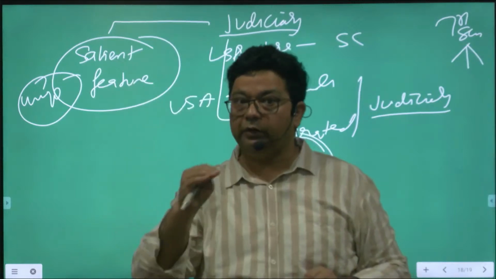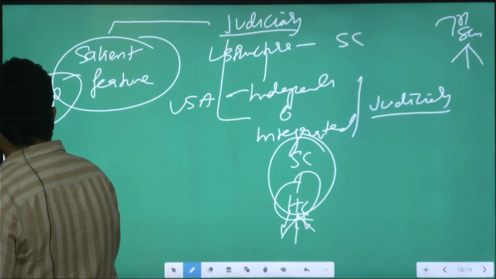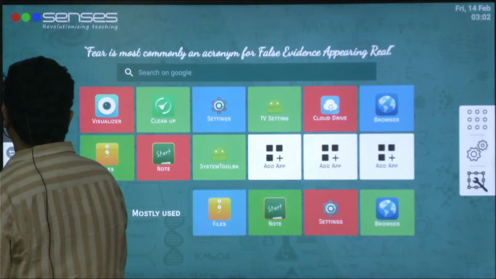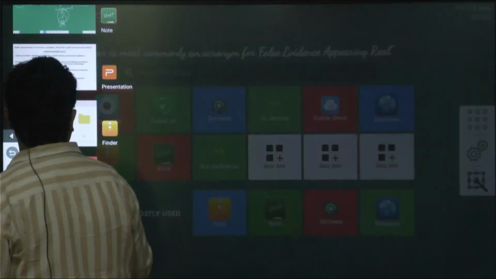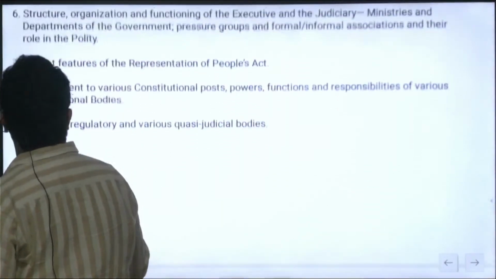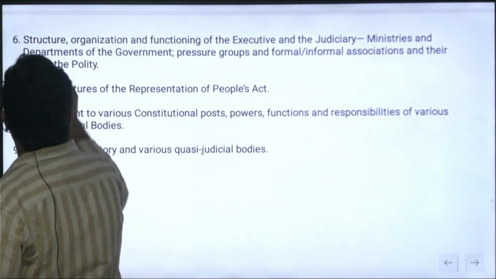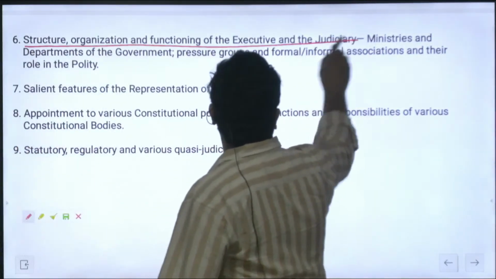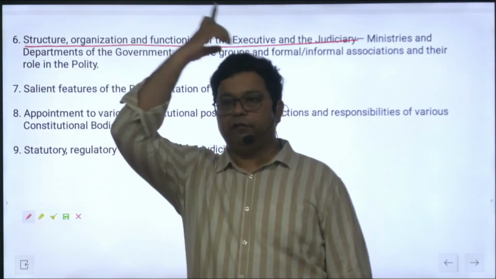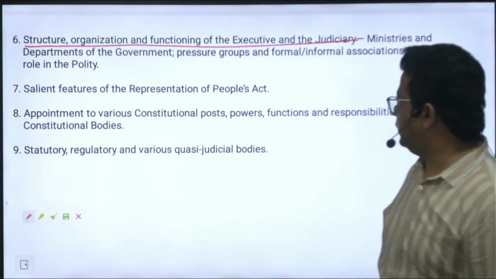So all this will be studied under the structure, organization, functioning of executive and judiciary. Then ministries and departments, which we will see when we study the council of ministers and how these departments and ministries are formed.